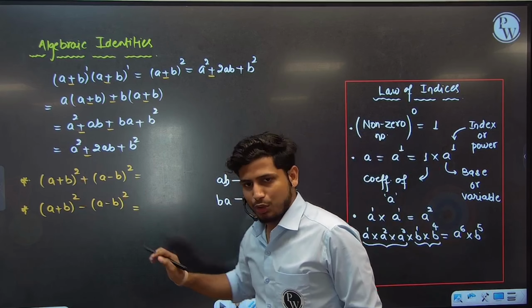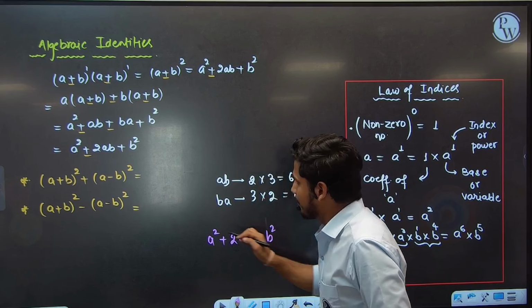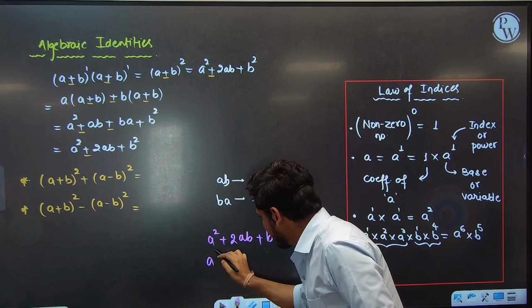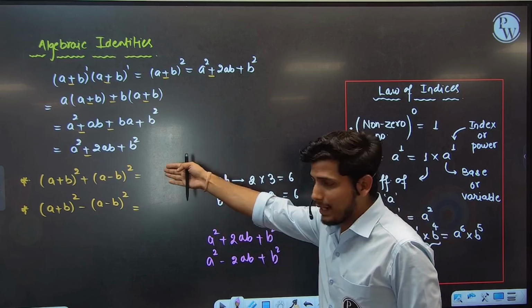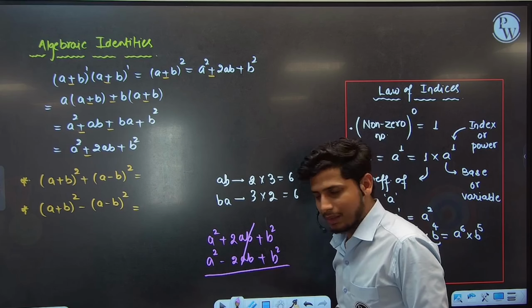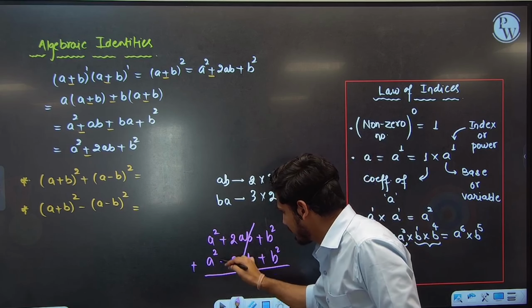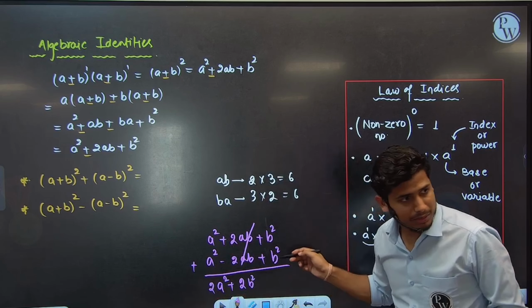Here (a plus b) whole square is a square plus 2ab plus b square, and (a minus b) whole square is a square minus 2ab plus b square. Now we want to add these terms. So 2ab cancels, and we get 2a square and 2b square.